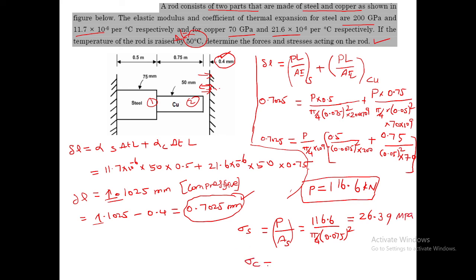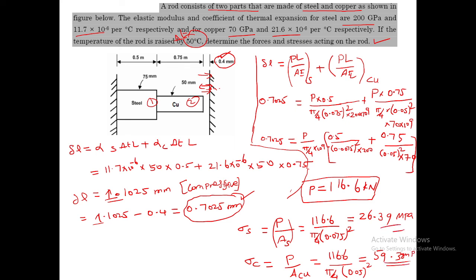Sigma C equals P divided by the area of copper, (π/4) times 0.05 squared. Solving these values, we get 59.38 megapascal.